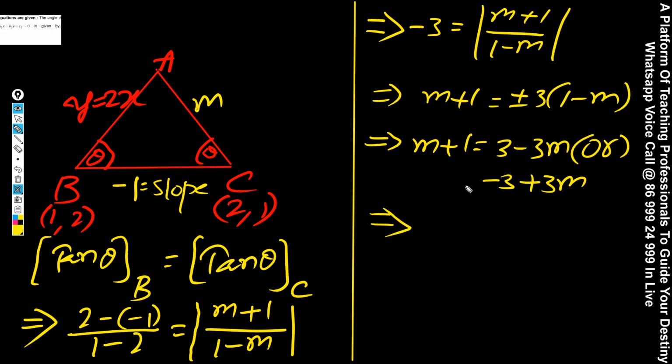Arun, you can come on the voice call and you can prompt me in simplification. This is M plus 3M, 4M, is equal to 3 minus 1, 2.